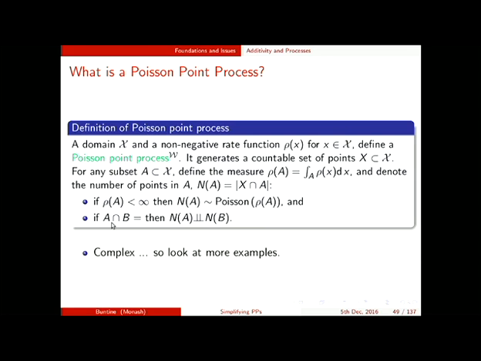And for independent sets, the numbers are independent. So this is how we use a Poisson to define this Poisson process, but as I explained earlier, it's in fact just operating like a probability density with a total.